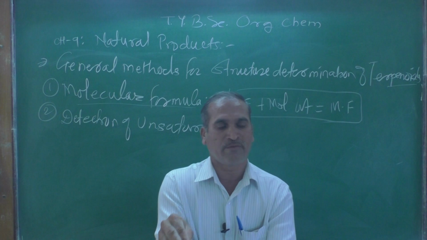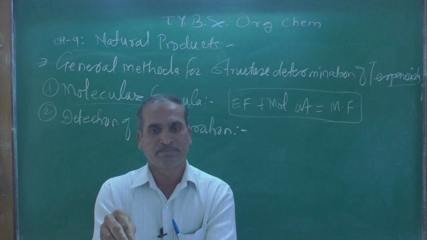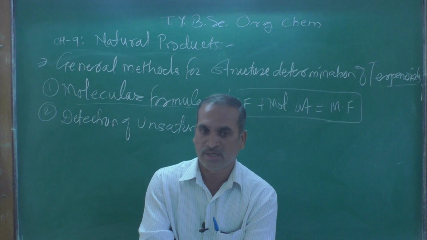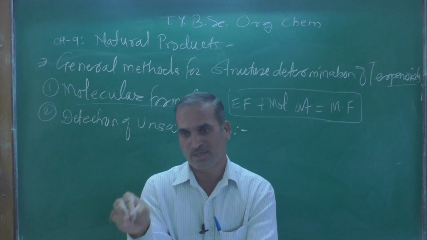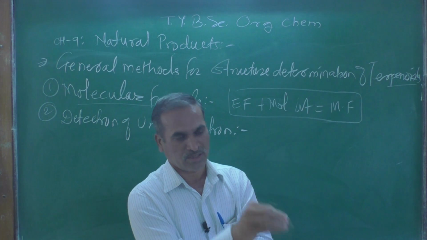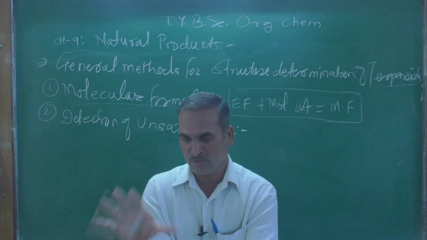So the number of bromine atoms consumed indicates the number of carbon-carbon double bonds present in that terpenoid or natural product.